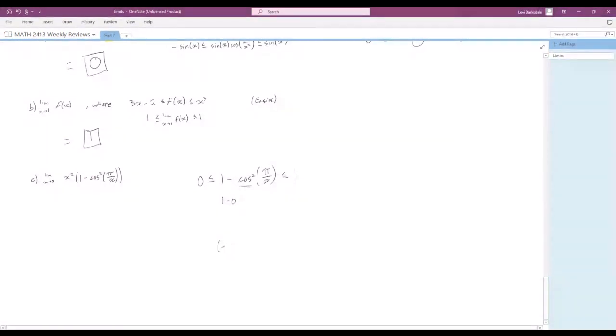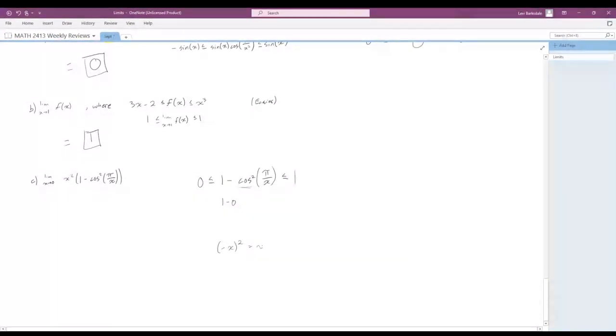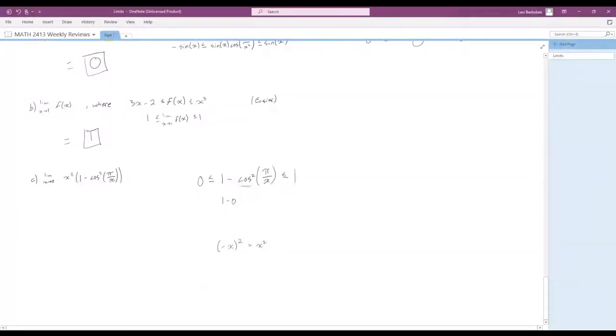We take a number and we square it, then it's always going to be positive, right? Because the negative is going to cancel. So 0 is the smallest number we could possibly subtract, because there's no possible way we can get a negative by squaring something, right?